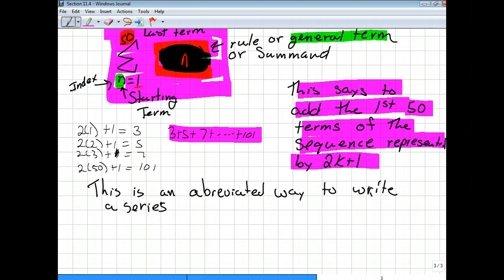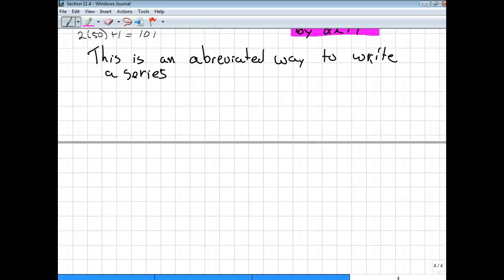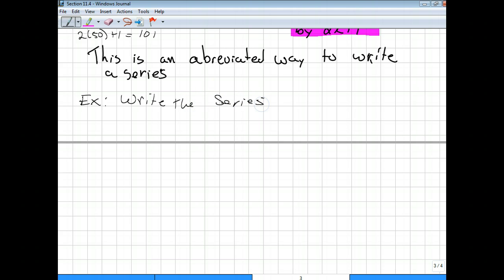So, examples. All right, so if I want to, let's say, write the series in expanded form, we're going to be given the series in sigma notation.